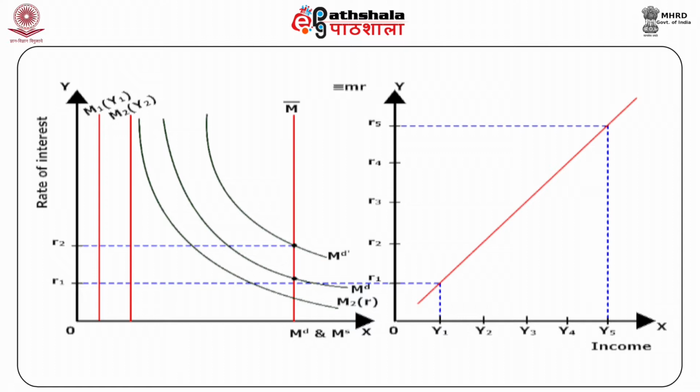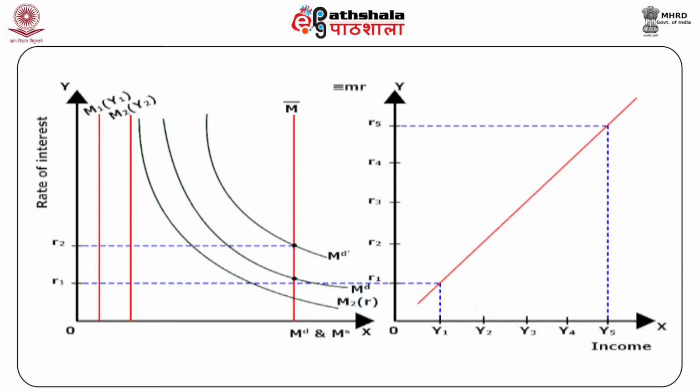As we know, M2 is downward sloping, and we add up horizontally M1 and M2 and arrive at the total money demand.